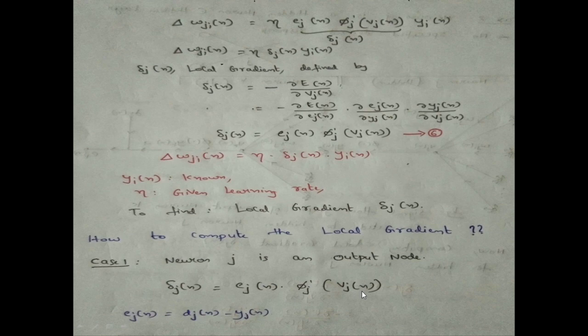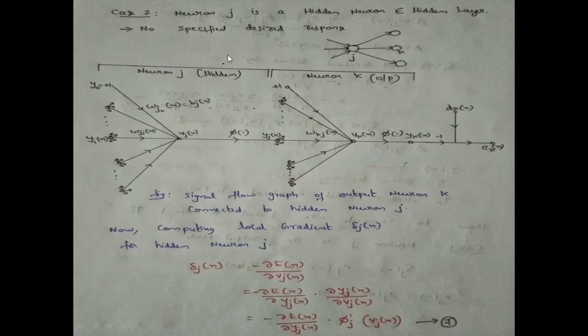The second case is when the neuron j is a hidden neuron, that is, this neuron j belongs to the hidden layer. When the neuron j is located in the hidden layer of the network, there is no specific desired response for this neuron.